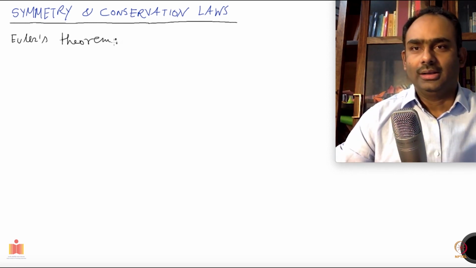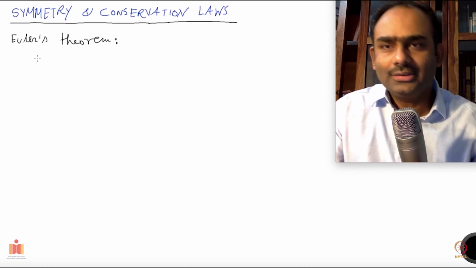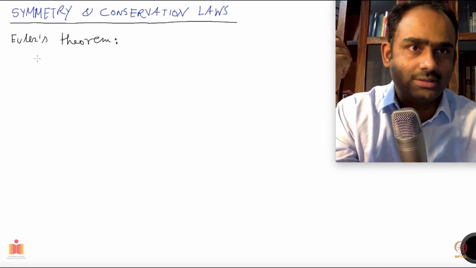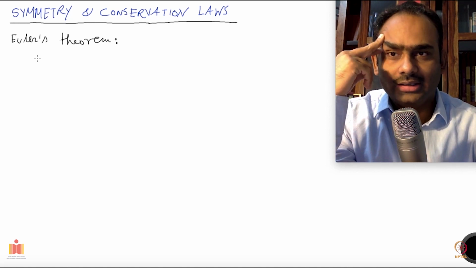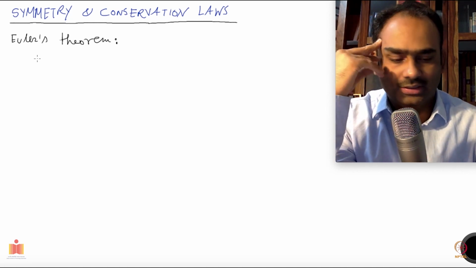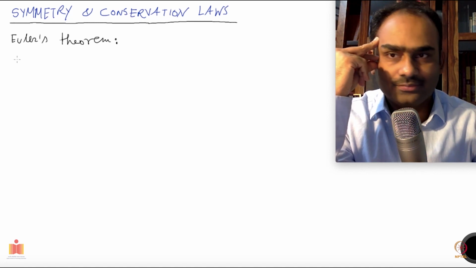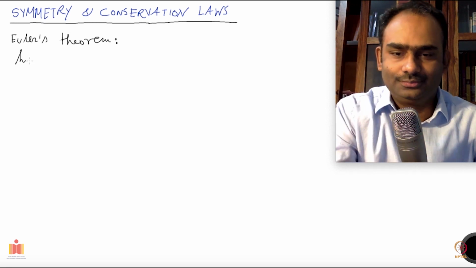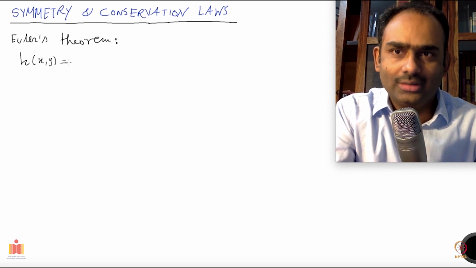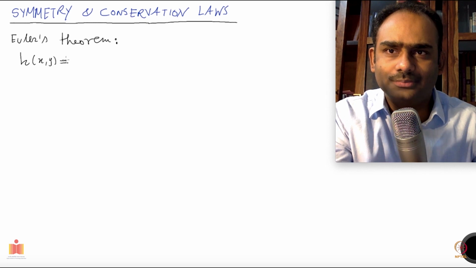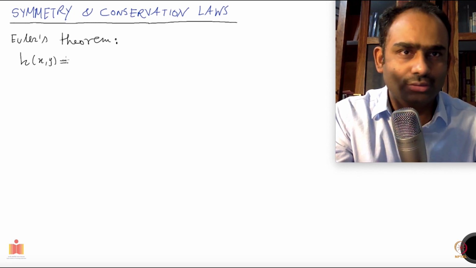So the idea is simple. Imagine you have some function which is a polynomial function, in let's say two variables to begin with. Let's say I have some function h of x, y, and I am looking right now at a function of degree 2.